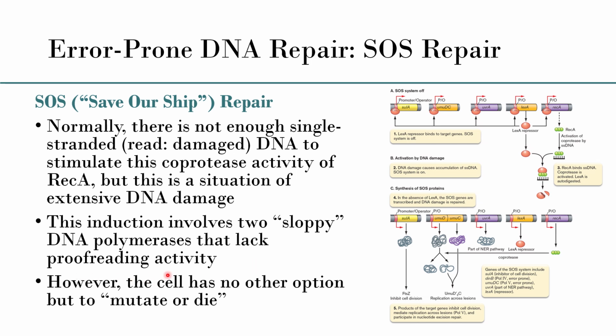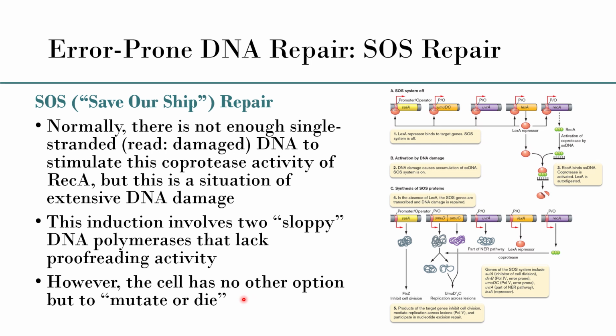But because they lack proofreading activity, they make a lot of errors, they make a lot of mutations. But the cell says, I don't care, because the alternative is I die anyway. So I might as well do whatever is possible to try to save myself, even if it means I'm a mutated mess afterward. Better alive and hurt than dead. So that is the SOS repair.